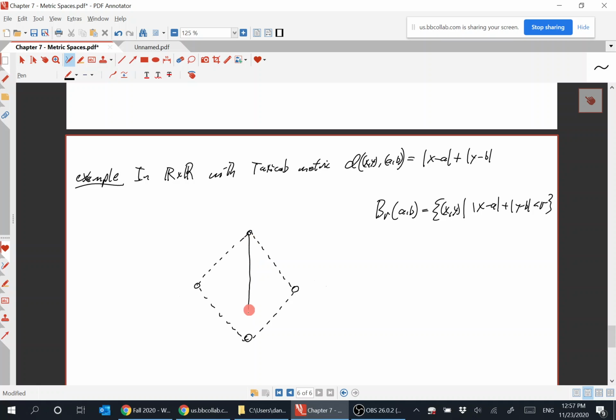So this is AB here in the middle. A plus R, A minus R, B plus R, B minus R. So in this case, the open ball is everything inside this diamond shape.